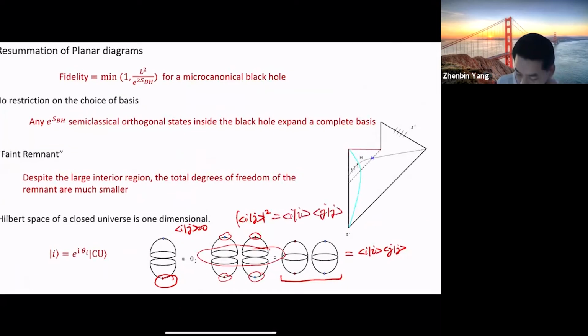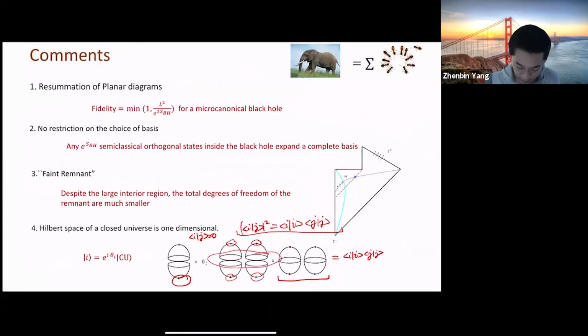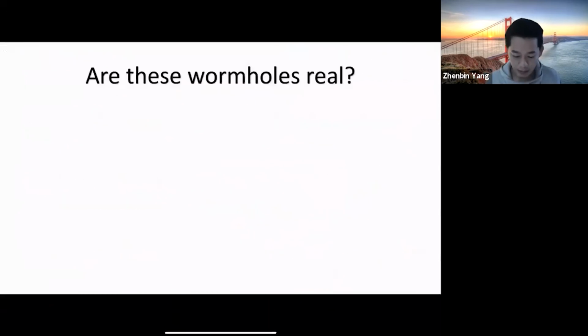If you want to interpret it from quantum mechanics, it will mean i and j actually are the same state, but with a random phase. Okay, so good. Now I finished the first and second part. Are there any questions?